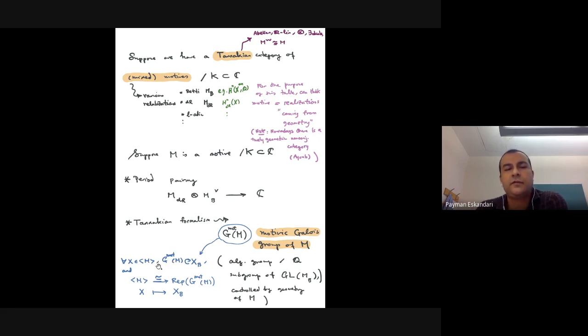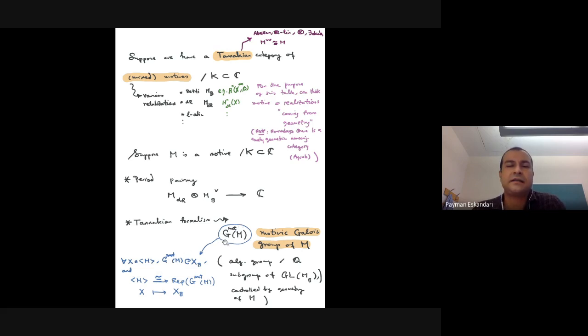So you get a functor from the category generated by M to representations of this motivic Galois group. And in fact, that functor is an equivalence of categories. That's the key property that characterizes this motivic Galois group. So you can think of the category generated by M as the category of representations of this group.